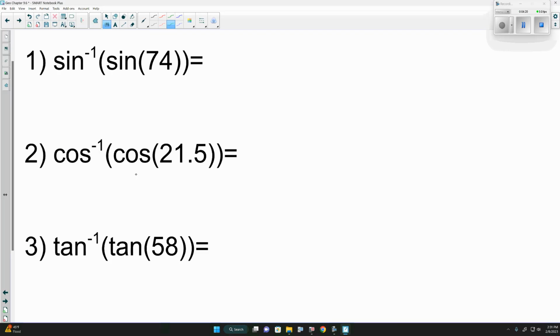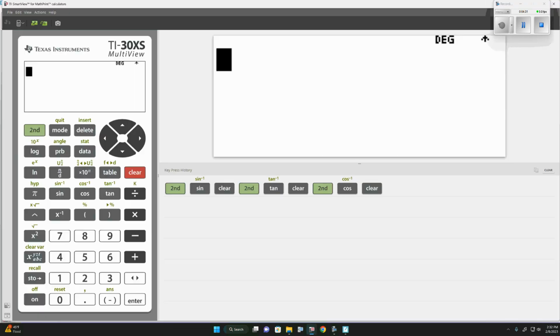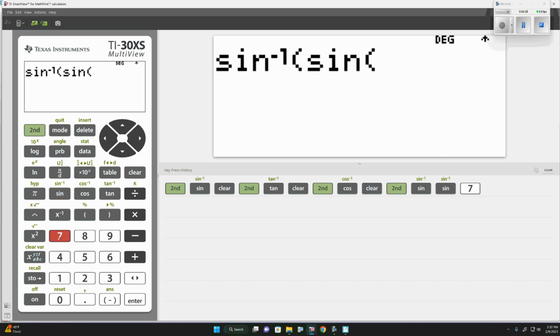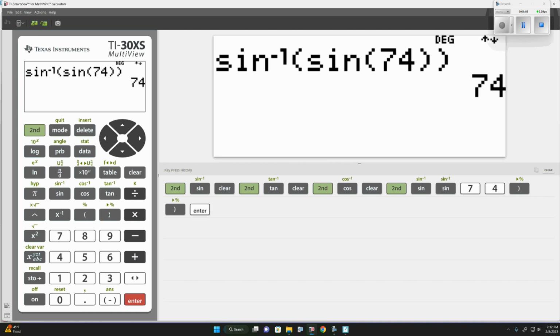The first one we have here is sine inverse of sine of 74 degrees. We can take the calculator and go second sine inverse of sine of 74, type it in, and let the calculator tell us what this would be.